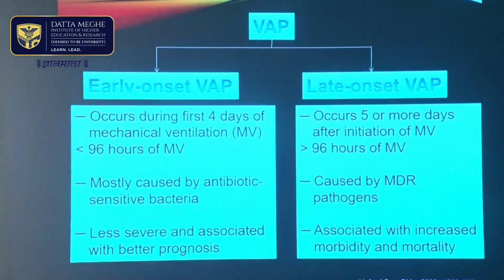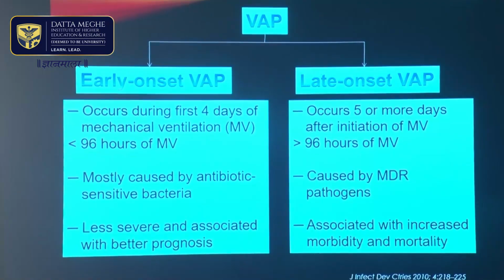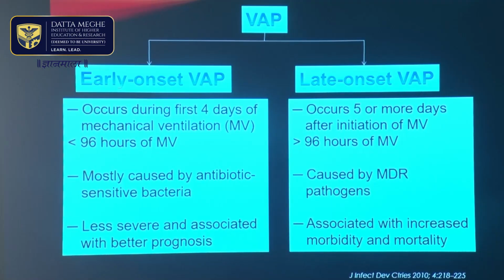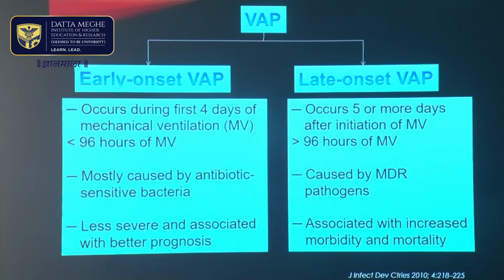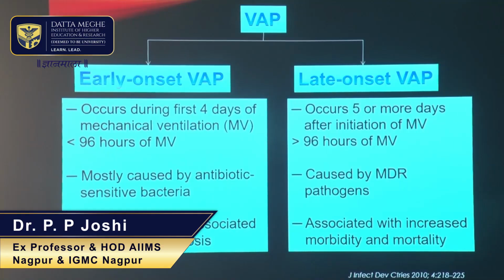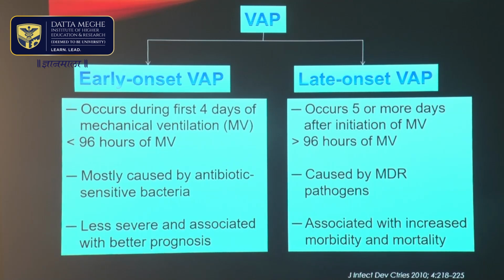Now, there are two types of ventilator associated pneumonia: early onset VAP and late onset VAP. Early onset occurs during the first 4 days of mechanical ventilation, which is less than 96 hours after mechanical ventilation, and late onset occurs after 96 hours of mechanical ventilation, that is nearly 5 days or more after endotracheal intubation.